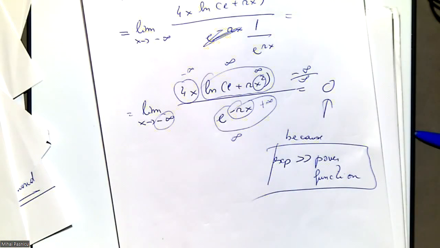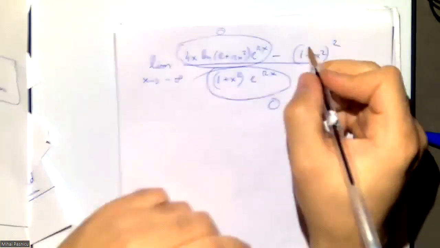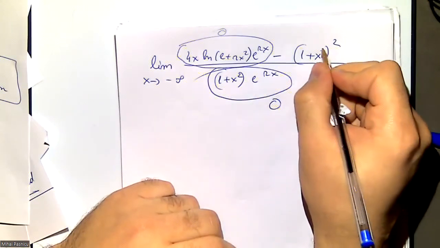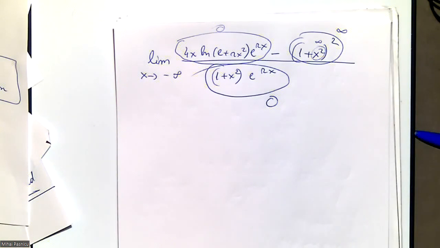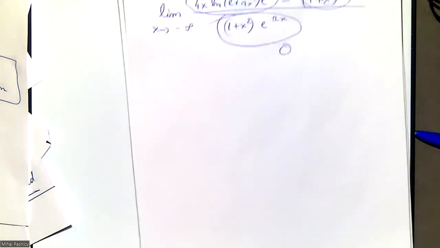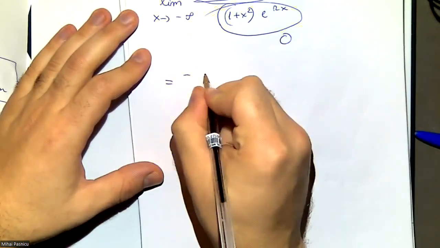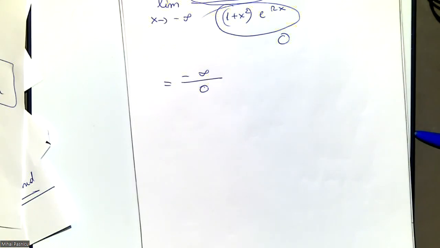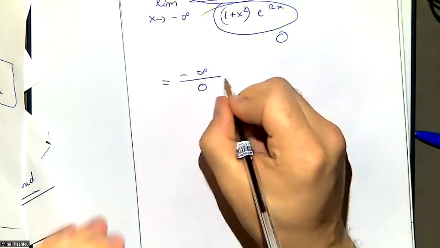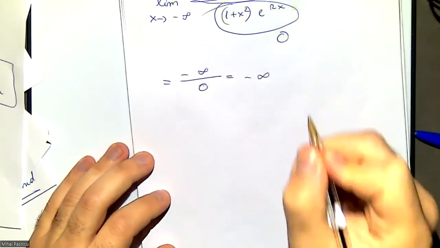Just showed it there. This thing, when x goes to minus infinity, x squared goes to infinity. So this goes to infinity. So what's my case? Minus infinity over 0. Do I need to apply L'Hopital for this? No, I don't even need to do that. This is just minus infinity.